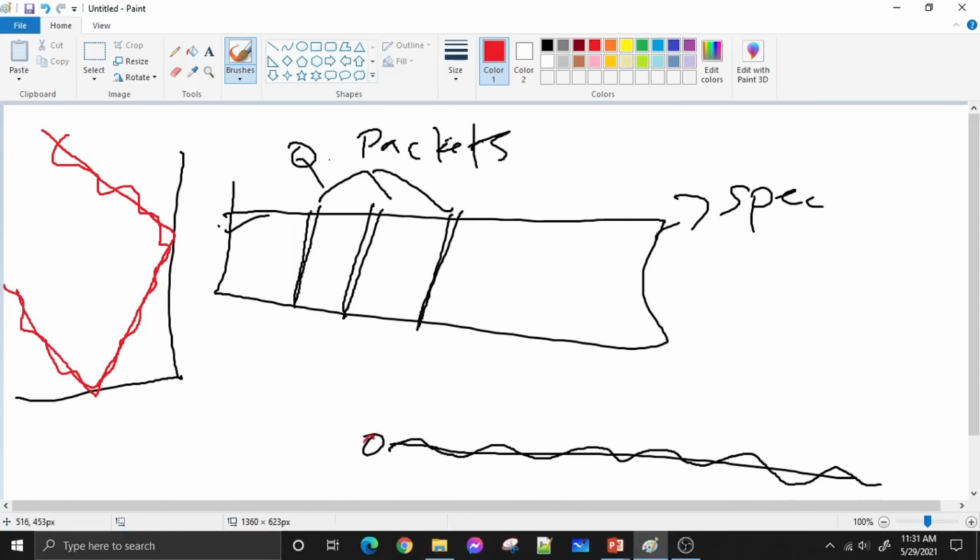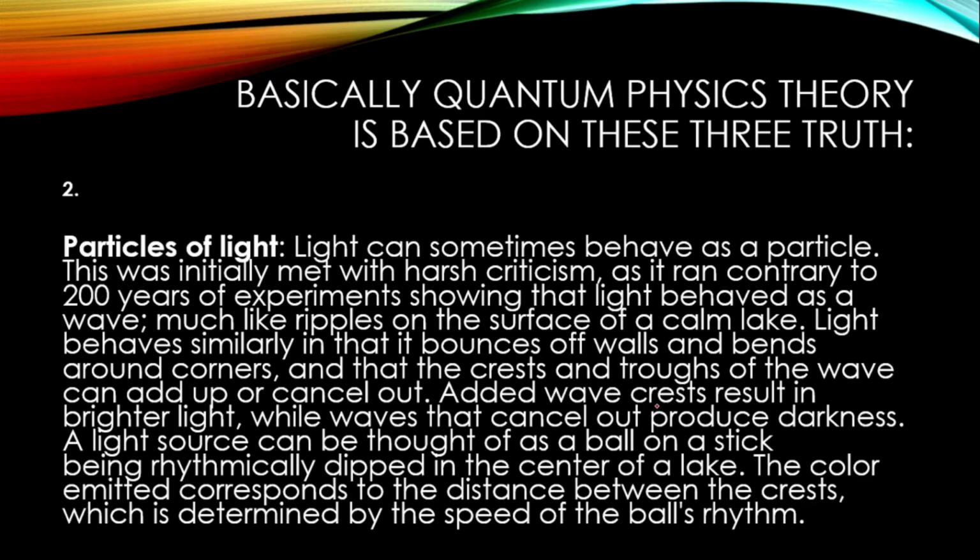If this is your ball and you are constantly pushing and pulling it from the water, it will create a ripple. The higher the speed, the brighter it is, and the slower the speed, the darker the color is.